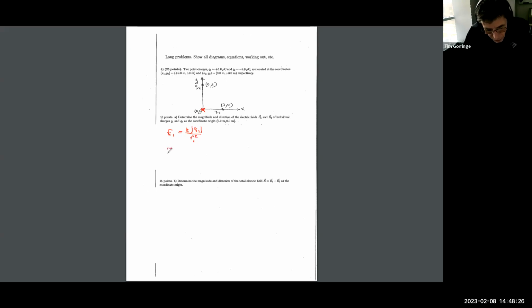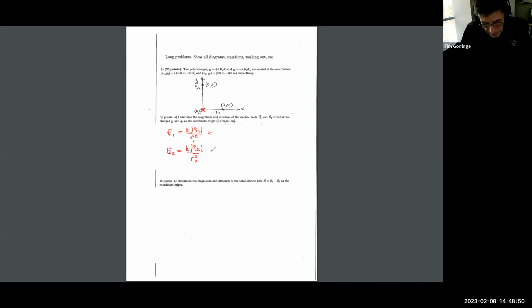And likewise for Q2, the size of the field, again, I'm thinking about the size right now. I'll answer the directions later. It is the Coulomb constant times the size of Q2 divided by the square of the distance from Q2. I'm calling these distances R1 and R2.